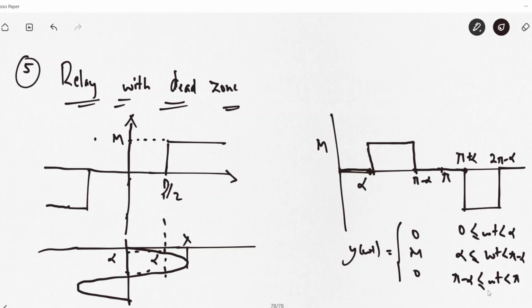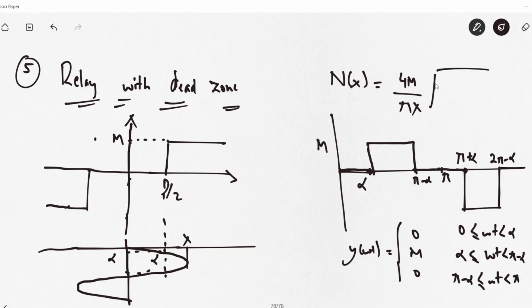So this is our output, and we can apply the Fourier transform on this. The describing function for this curve will come out to be 4M by pi X times the square root of 1 minus d by 2 by X, squared, with an angle of 0.